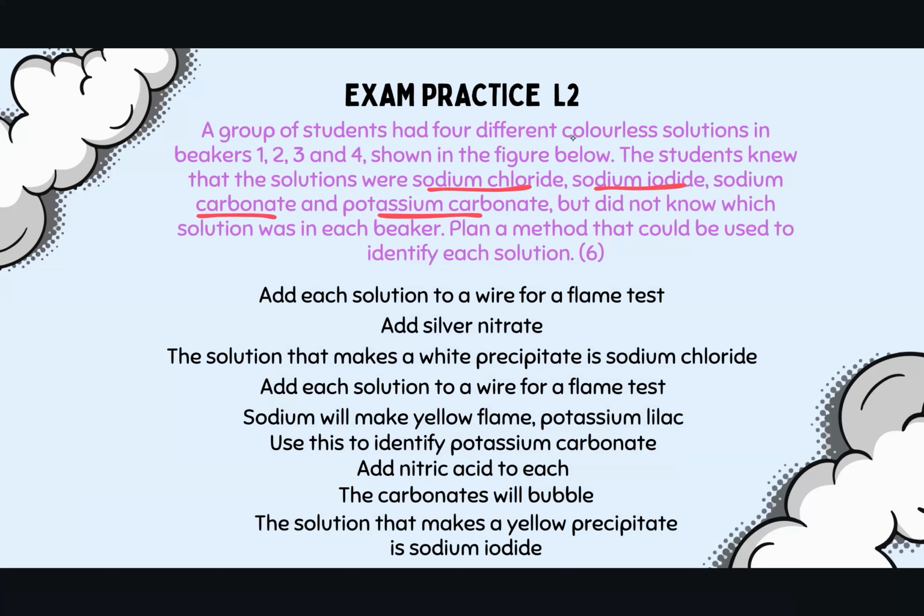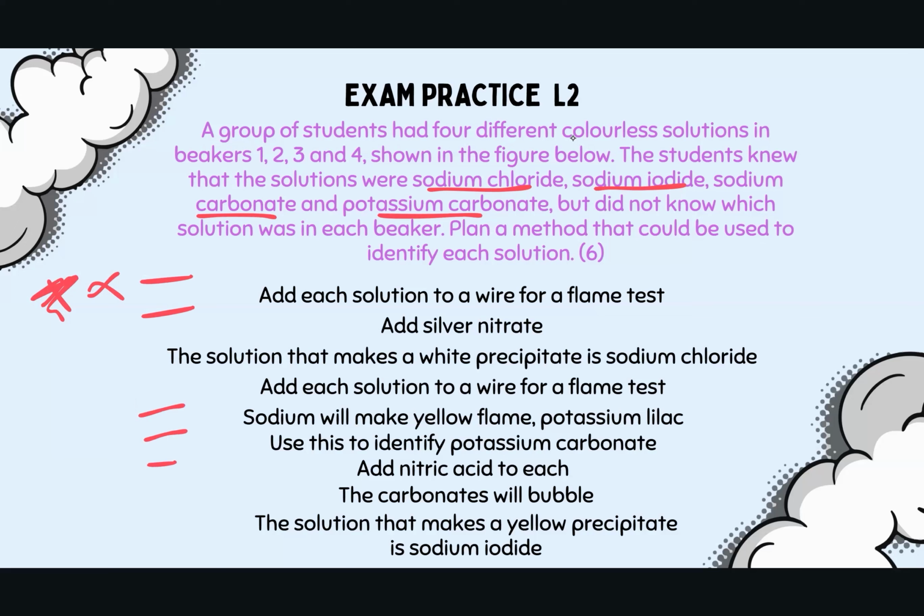What you need to do to get full marks is write down, or you can do it one at a time. It says plan a method that could be used. So you've got 2 different tests for metal positive ions, and you've got 3 different tests for non-metal negative ions.